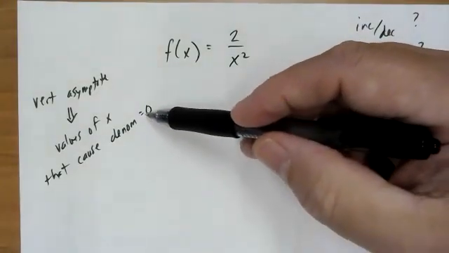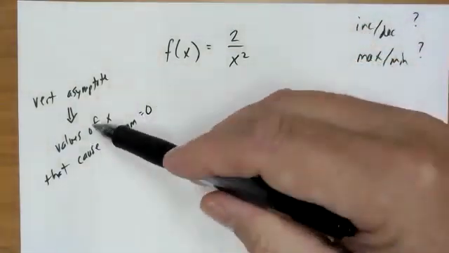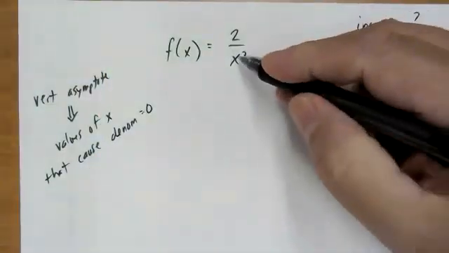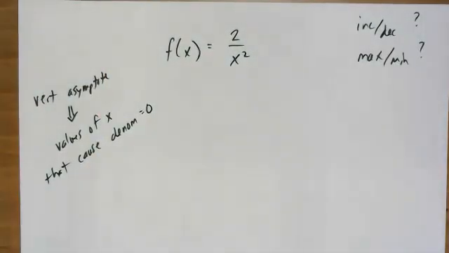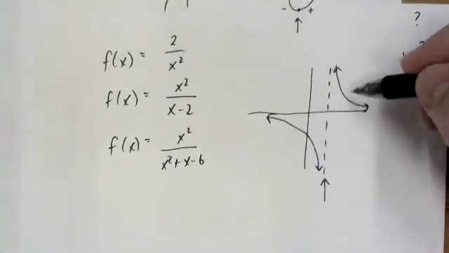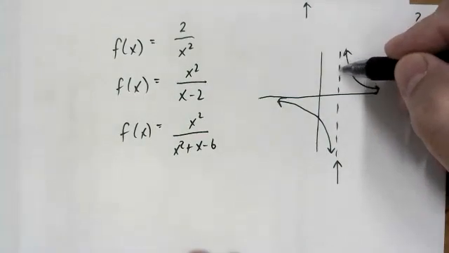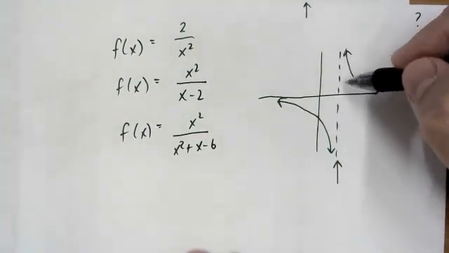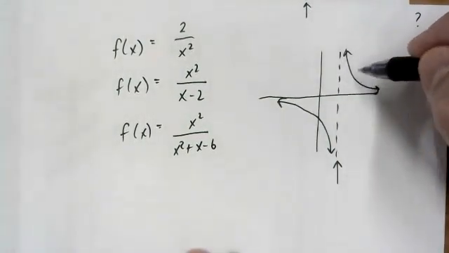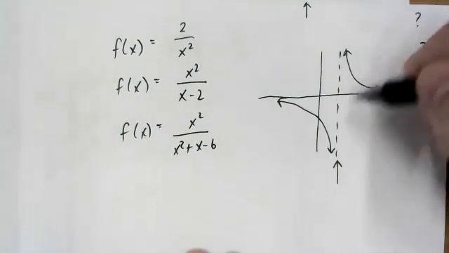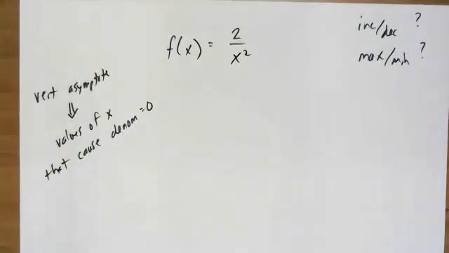Because in a sense, what we're really saying is we cannot allow x to be this number. We can never divide by 0. So we call those vertical asymptotes. And when we find a vertical asymptote, we draw this vertical dashed line, which basically says, hey, the graph cannot touch or cross a vertical asymptote.